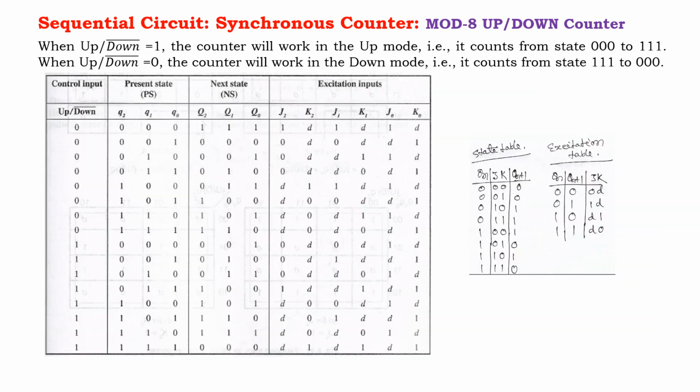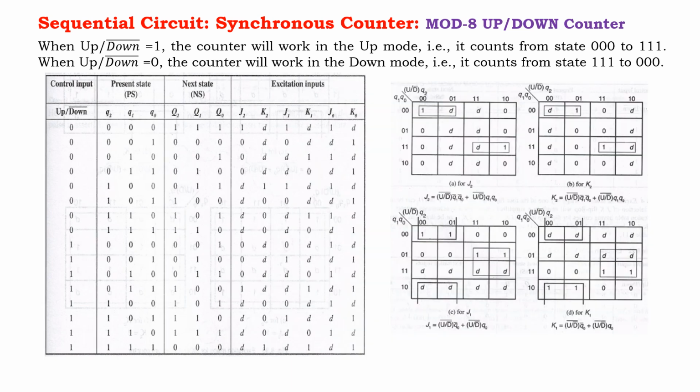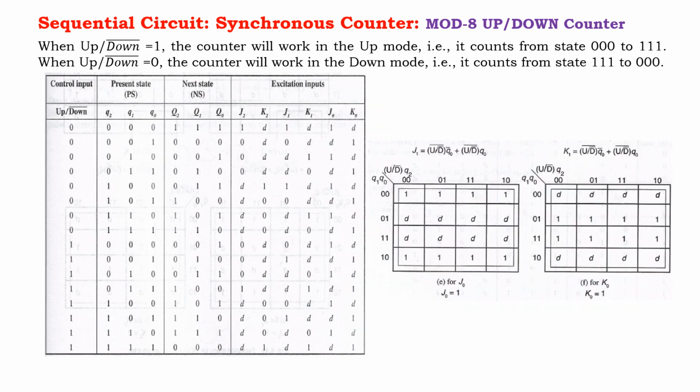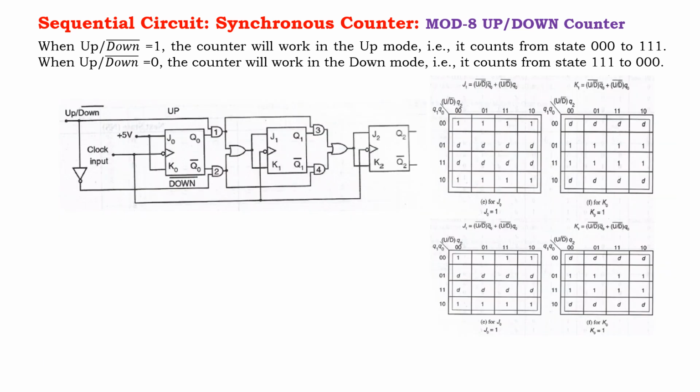Okay, then put the excitation table and merge it to the state table for J2, K2, J1, K1, J0, K0. This is the J1, K1. This is the J0, K0. And then you will get the final circuit of this. Okay.